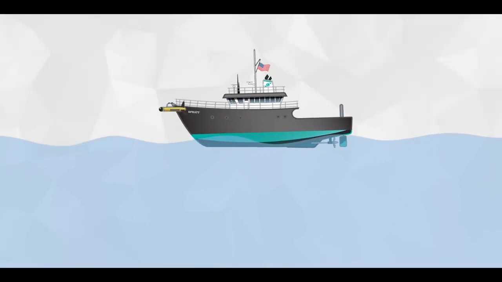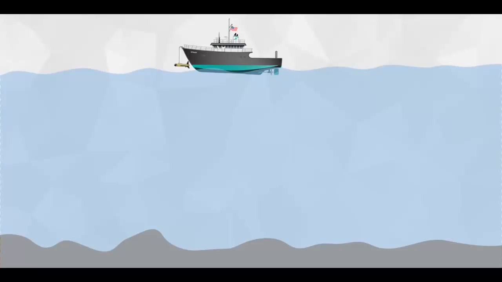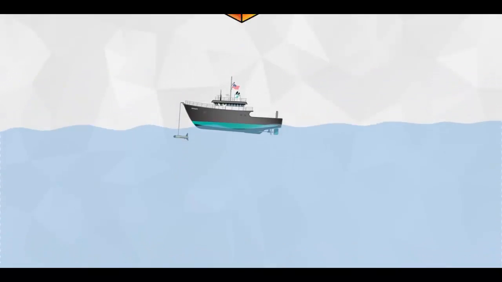One method of indirectly collecting data about the ocean floor involves using sound waves. By reflecting sound off the bottom of the ocean, scientists can map the topography or shape of the ocean floor. If sound waves are sent deeper into the ocean floor, scientists can even learn about its composition.